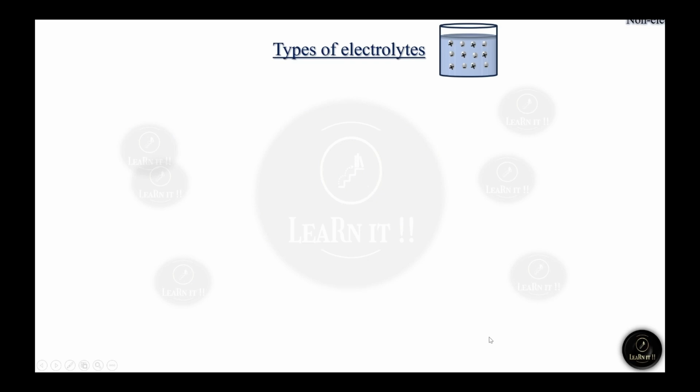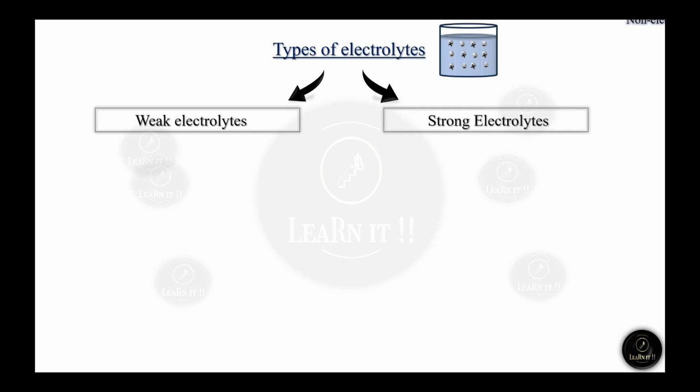Depending upon the number of ions the substance produces, we divide electrolytes into two parts. First is weak electrolytes, second is strong electrolytes. Here, we are not talking about substances taken in a molten state.